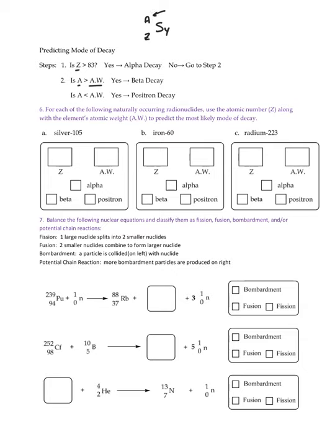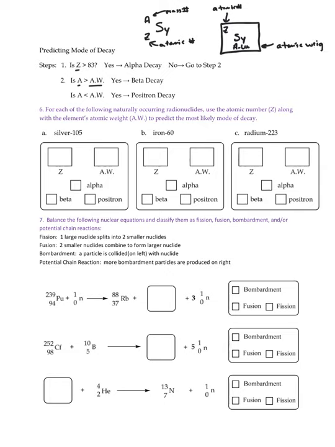Remember that this is mass number and this is atomic number. And so when you go to the periodic table and you look at the box, atomic number is going to be there, but mass number isn't, right?